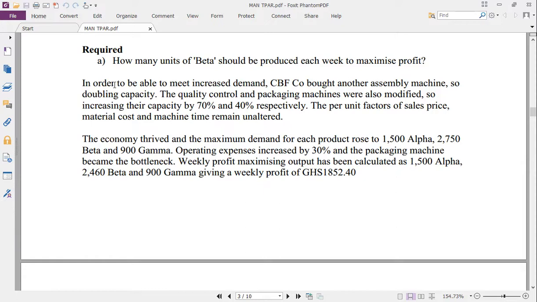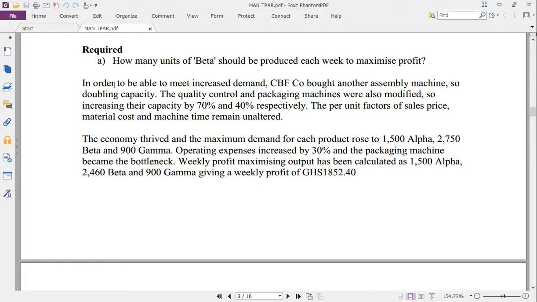The per unit factors of sales price, material cost, and machine time remain unaltered, meaning that they are still the same. If they are the same, then throughput is also still the same because throughput is the sales minus material. You have no changes, so still the same.